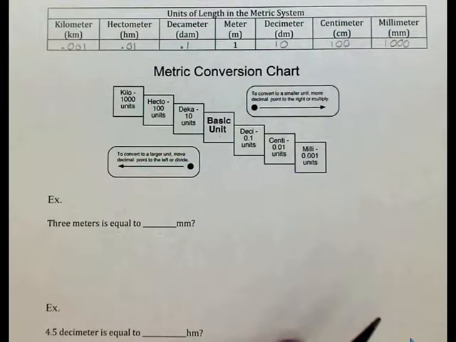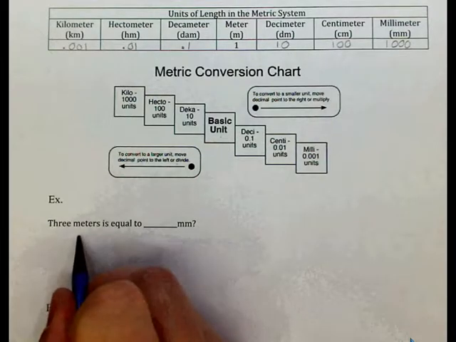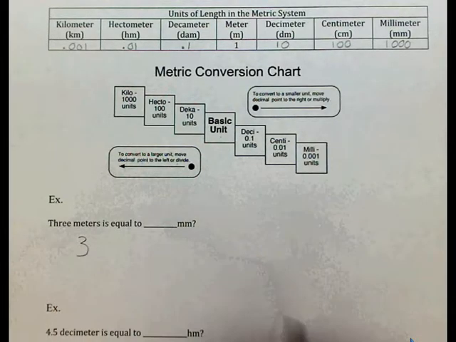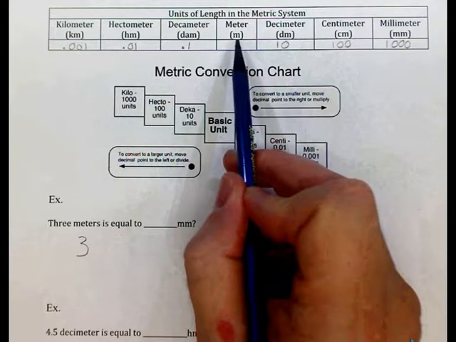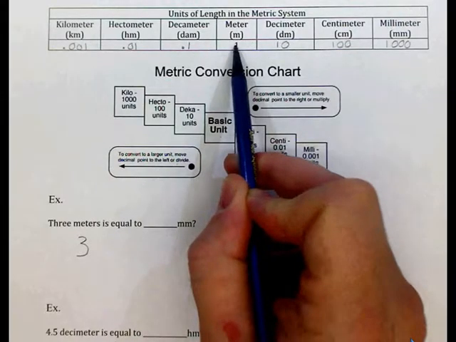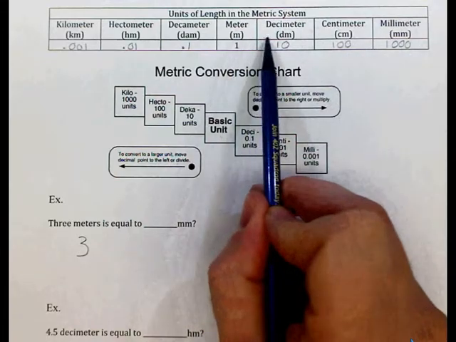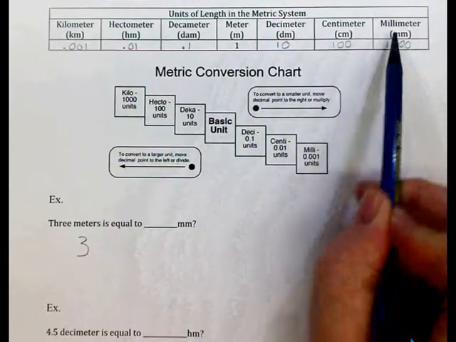The first one asks us to convert 3 meters into millimeters. So we start with the number of meters we have, which in this case is 3. We find the meters on our chart. It's our starting point. And we find our millimeters all the way on the right. Since we're going to the right to get from the meter to the millimeter, we will be multiplying.